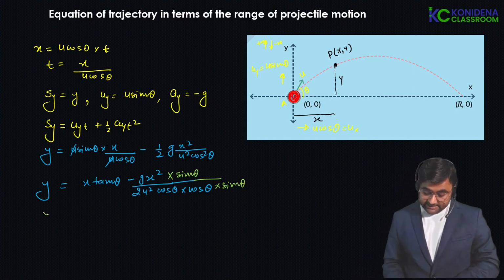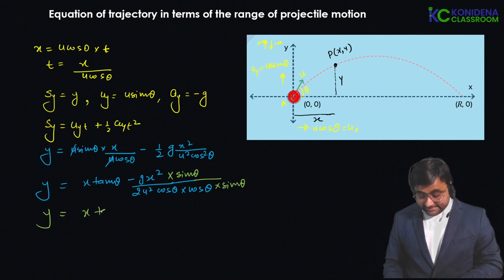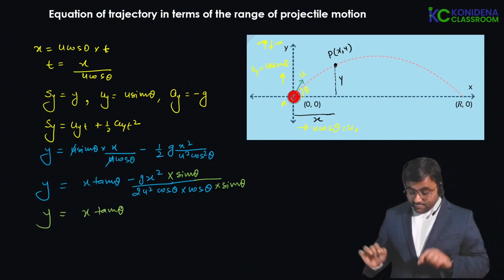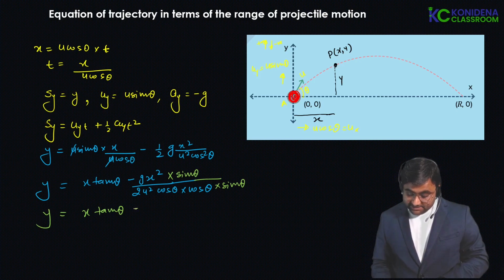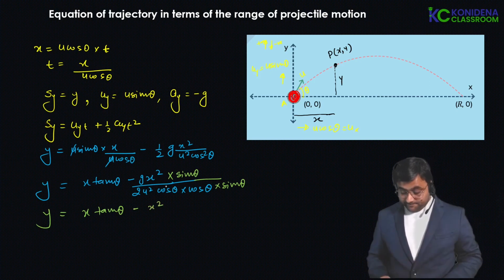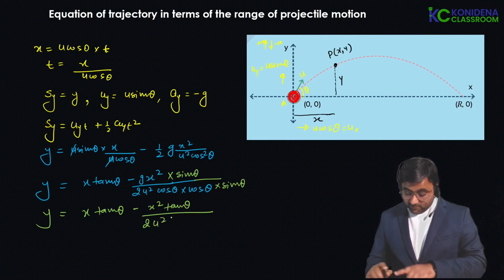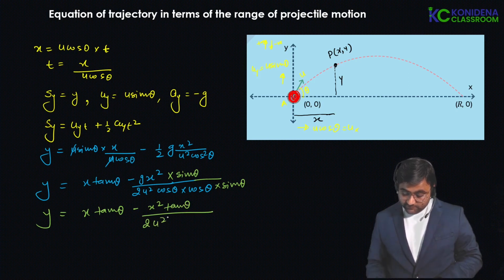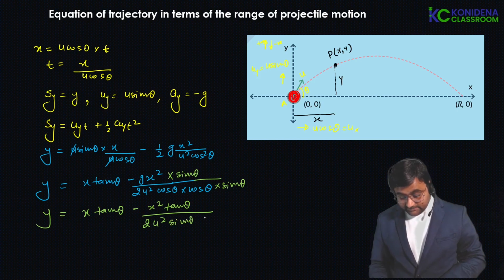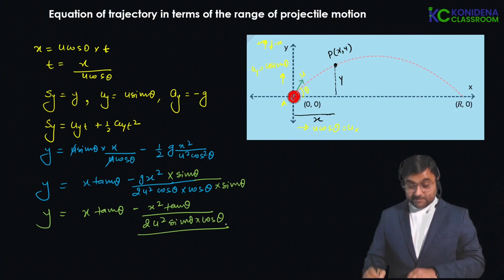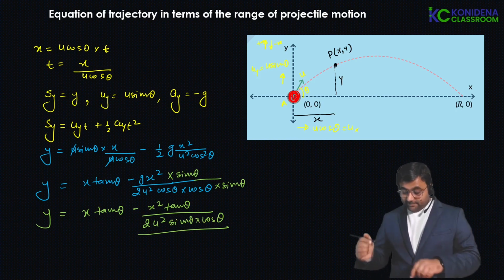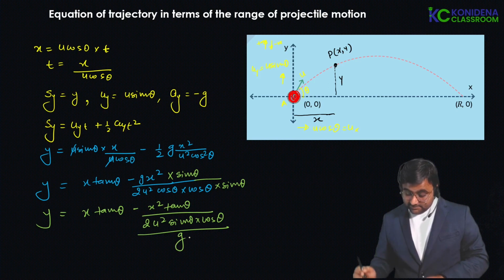Okay, next thing, y is equal to x tan theta. Now I'm just taking here x square, and one sine and cosine I'm taking as tan theta, that by 2 u square. Now one cos has gone, so we have sine theta times cos theta, and I have shifted the g to the denominator, right?